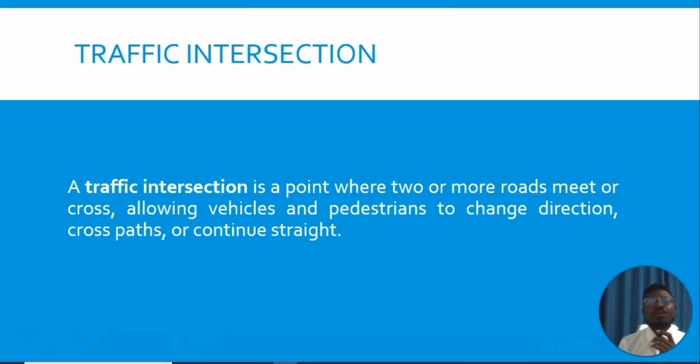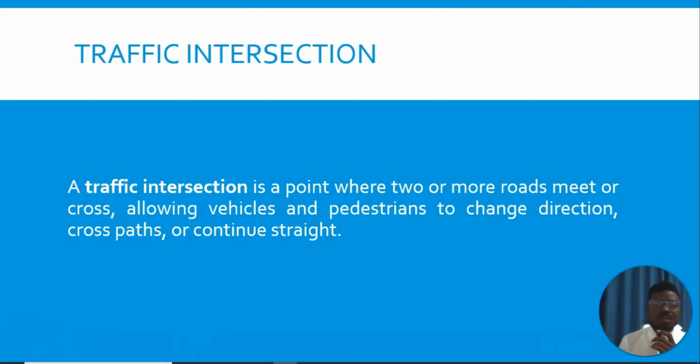And there are lots of components that make up a traffic intersection. We have the traffic signal. The traffic signal helps us to control the flow of vehicles and pedestrians, just like the traffic lights, the red, yellow, and green.